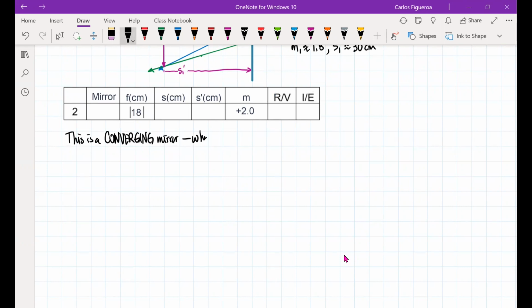And again, the question is why? I have a positive magnification that is larger than 1.